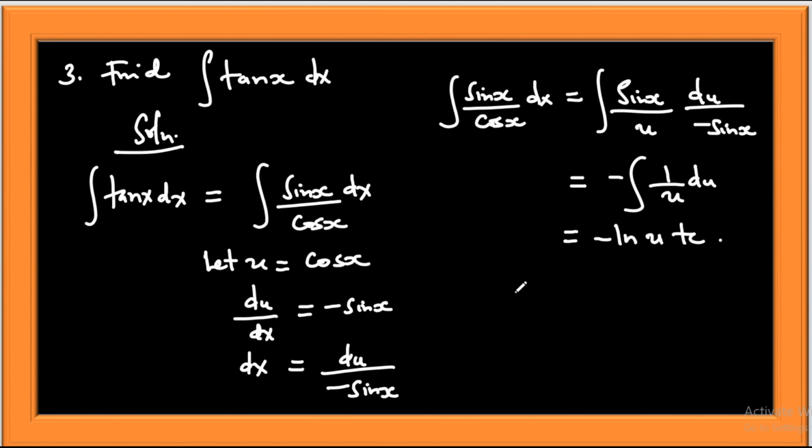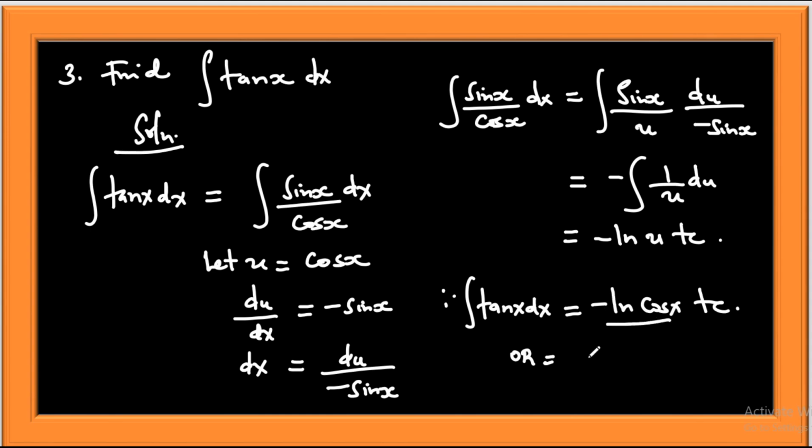Then we do the substitution. So in our conclusion, we say the integral of tan x is equal to minus ln of u, but our u is cos of x, plus a constant of integration. Now, someone can modify this answer if you bring in the rules of logarithms.